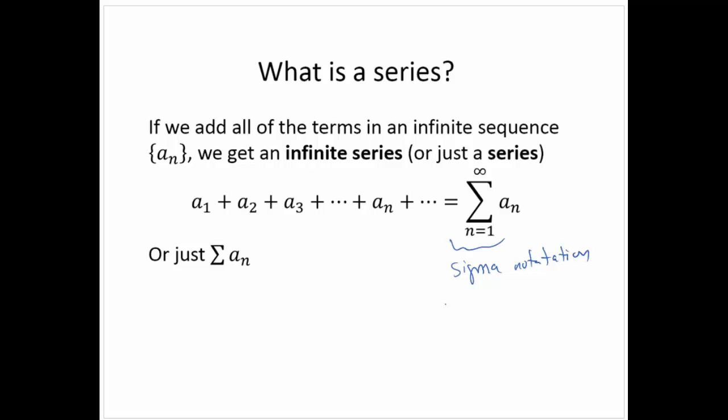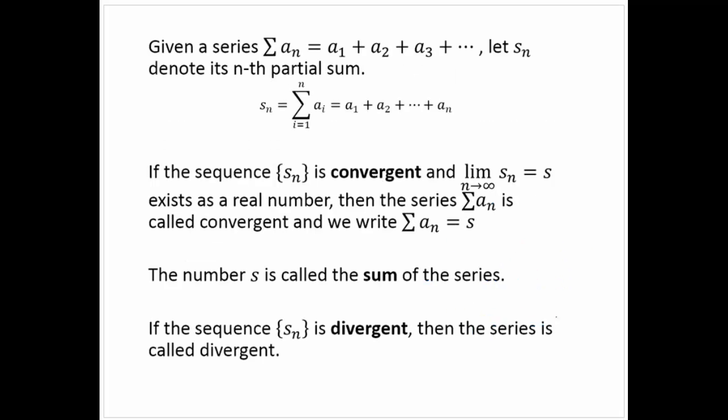Recall that this notation means sum, means add things up. One of the things that we're particularly interested in when talking about series is if the series converges to a specific value. To determine if a series converges, we have some notation we need to talk about.